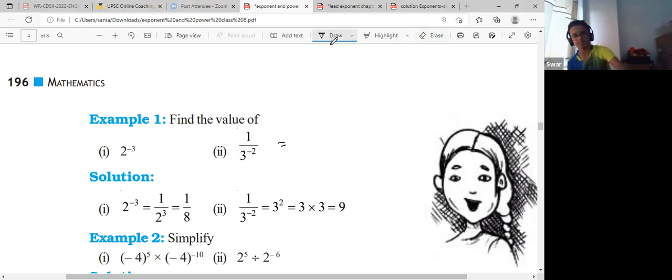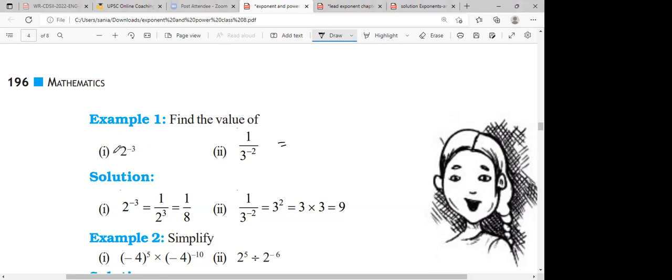Yes, ma'am. Okay. See, this one is very simple, right? You just have to put it as 1 divided by this and simplify. But here it is already in 1 division form. So this means 1 divided by 3 to the power minus 2, which means 1 divided by 3 raised to the power 2. Now we have two division things over here, so of course you will shift them upward.